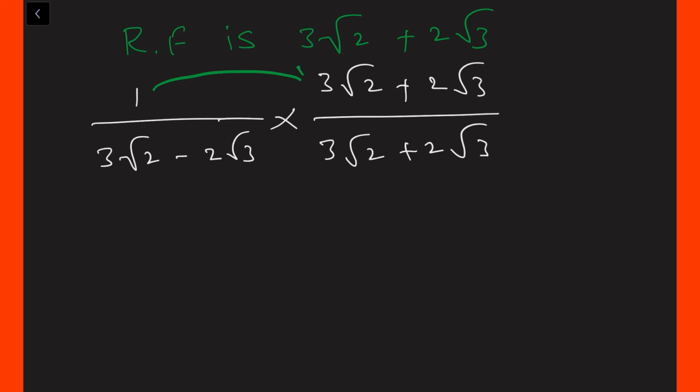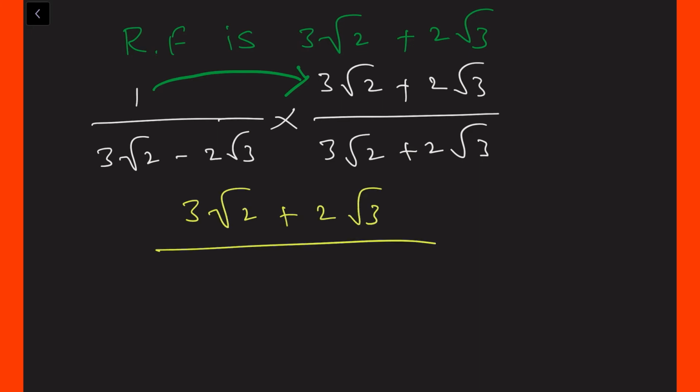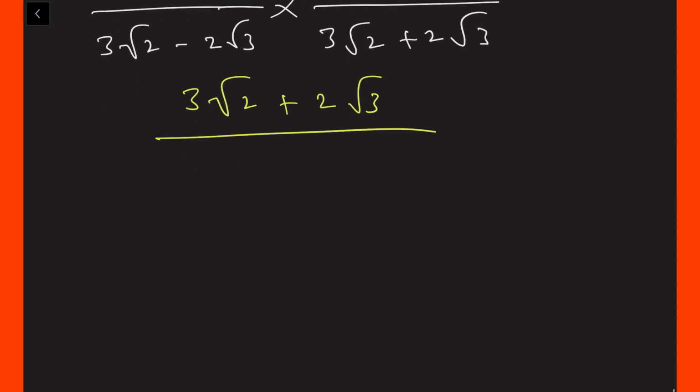1 if we multiply with any number, that number only will come. So in the numerator we get 3 root 2 plus 2 root 3, whole divided by, always in the denominator a square minus b square formula only. So a value 3 root 2 whole square minus b value 2 root 3 whole square.